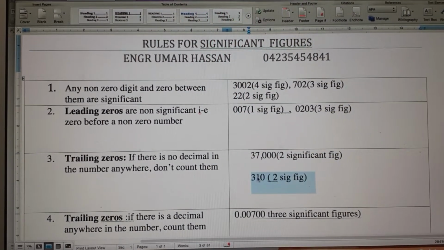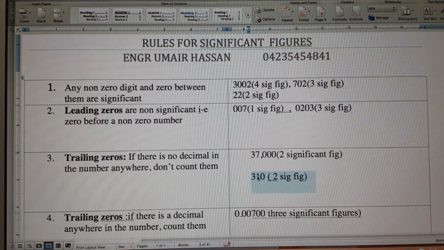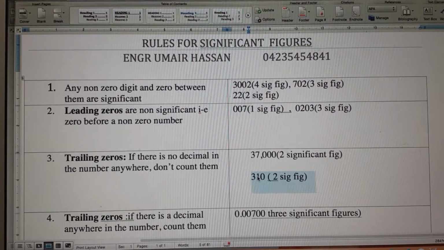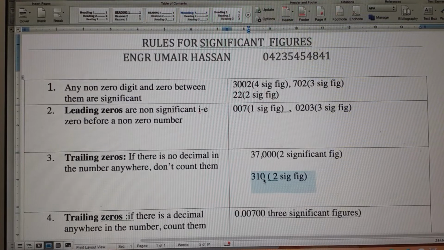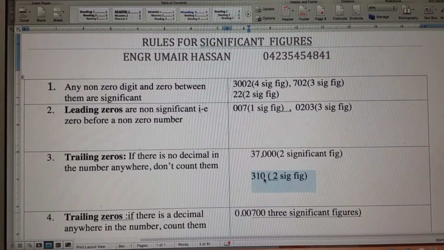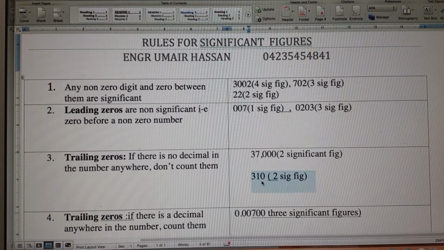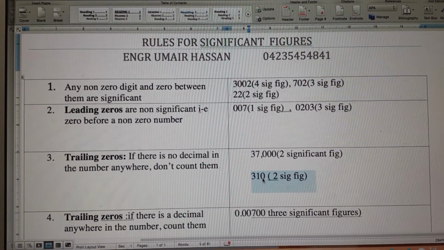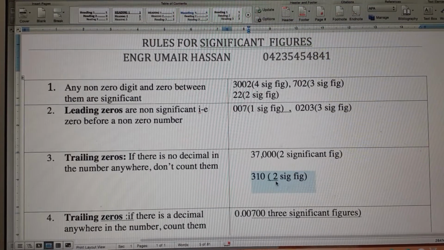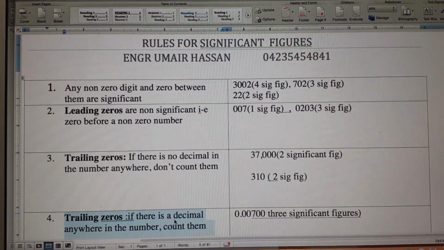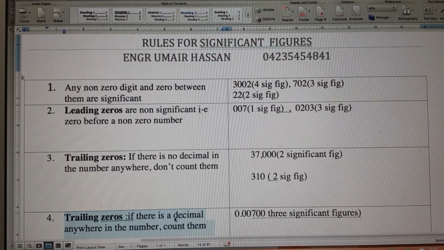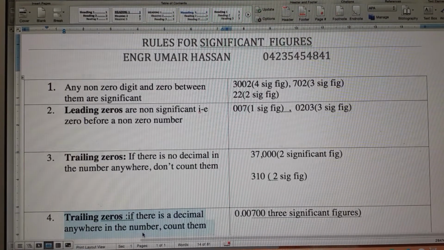Similarly, coming to 310, again we don't have any decimal anywhere in the number, and this zero coming after a non-zero digit is a trailing zero. Because we don't have a decimal in 310, this zero will not be considered significant. So in 310 we have two significant figures. Now what if there is a decimal in the number?